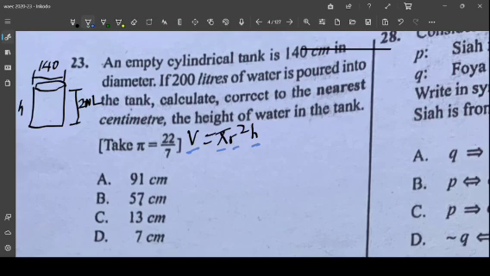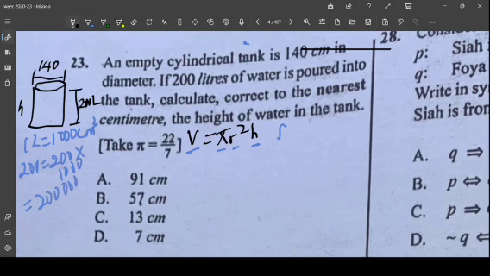So first of all, let's convert this volume. 1 liter of water is actually equals to 1000 centimeter cube. So it means that 200 liters will be equals to 200 times 1000 centimeter cube, which is 200,000 centimeter cube.